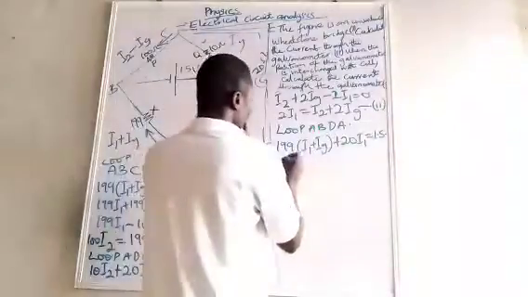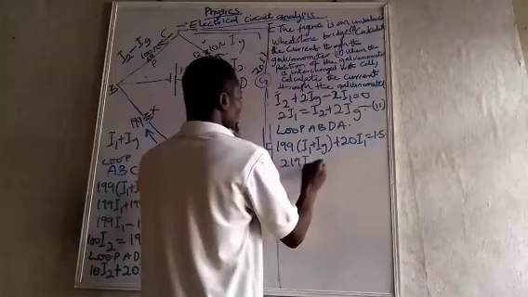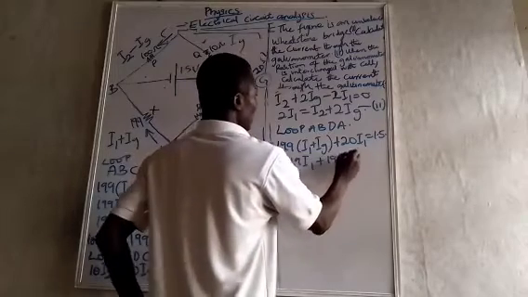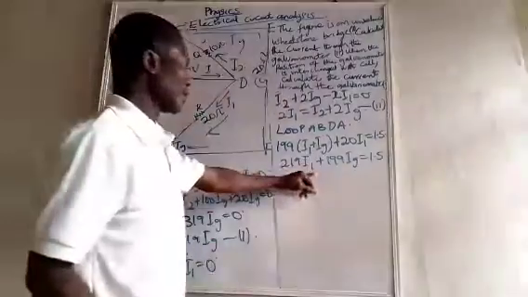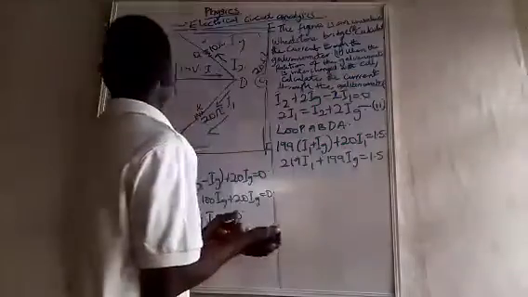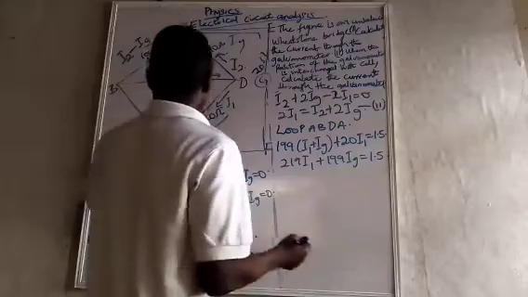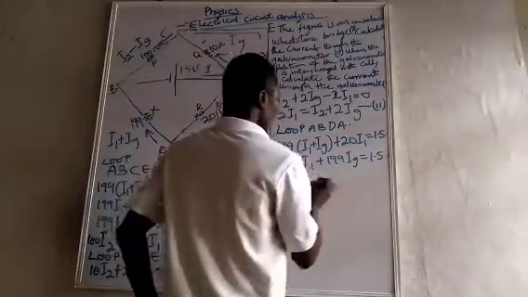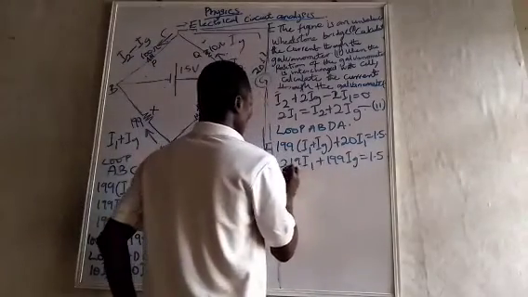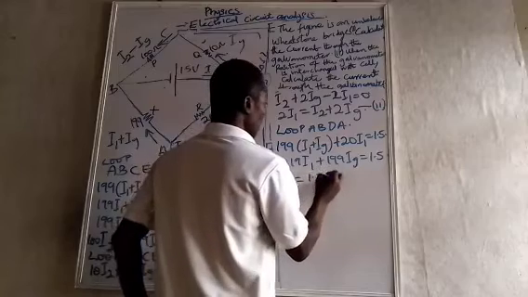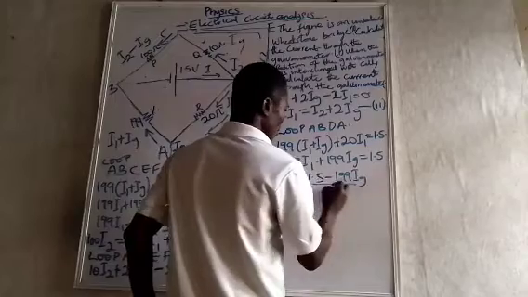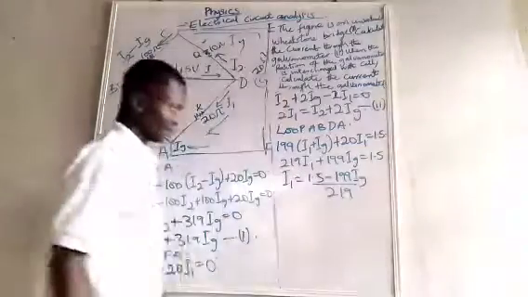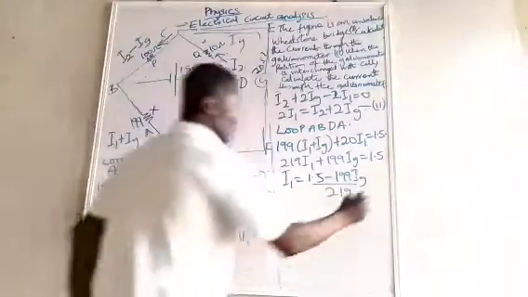So I can say 219 I1 plus 199 IG is equal to 1.5. Therefore, I1 is equal to 1.5 minus 199 IG over 219. Let me make this one equation 3.